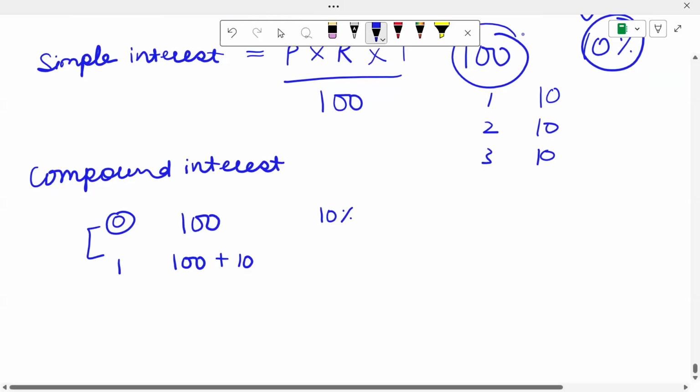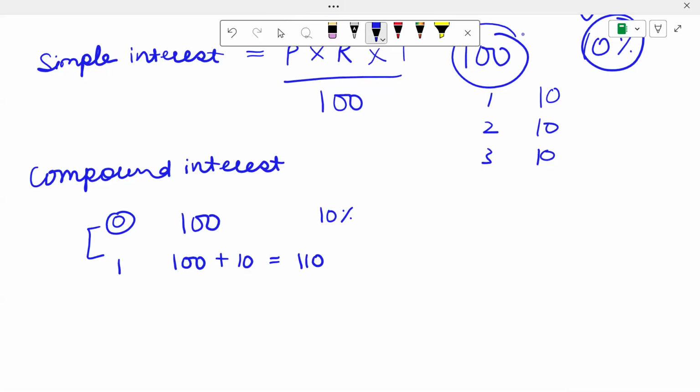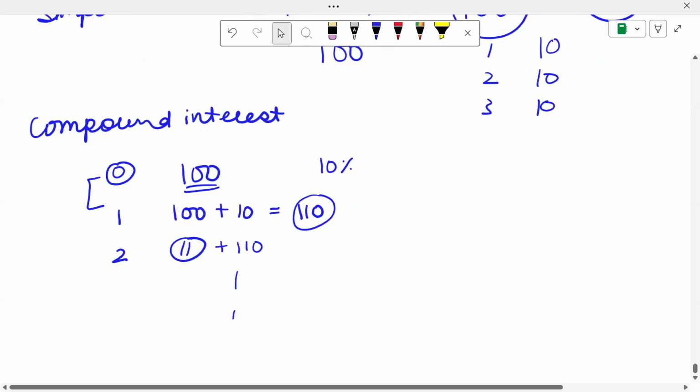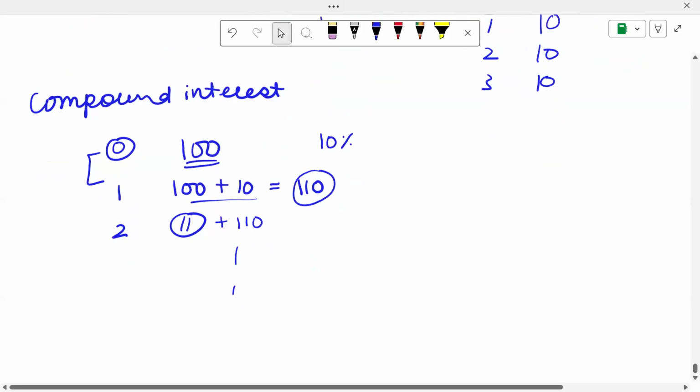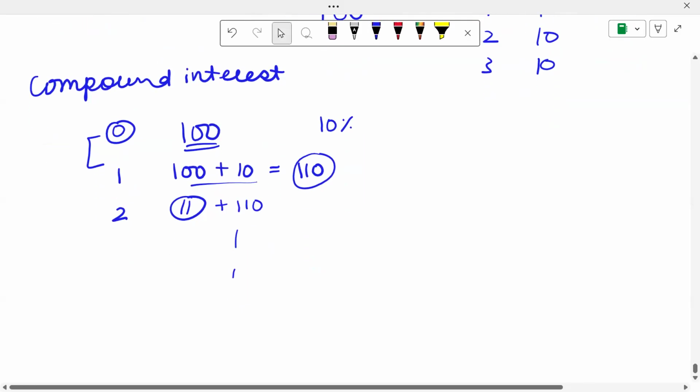The interest you will get for the second year is based upon 110 instead of 100. So 10% of 110 gives you an interest of 11, so 11 plus 110 and so on and so forth. Interest is given to you upon the interest that gets added in the next year. This is how compound interest works.